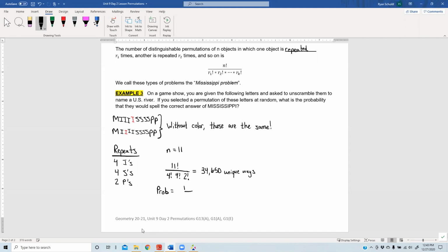So our probability is 1 over 34,650, or as a decimal, approximately 0.0000029. Pretty slim chance of you doing it randomly.